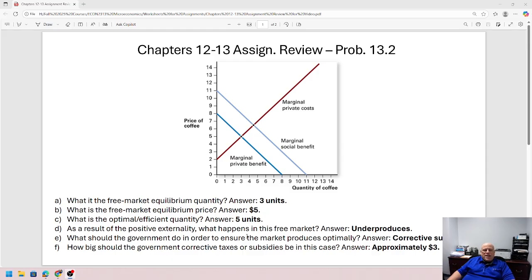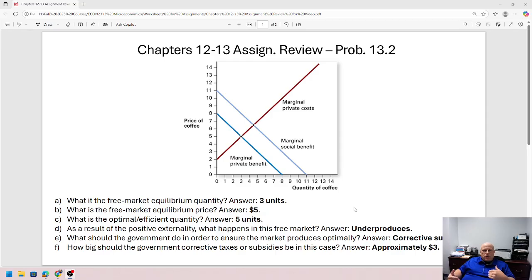Part E should be fairly simple because your book talks about when there's a positive externality in the production of a good or service, producers are going to underproduce what is socially optimal.